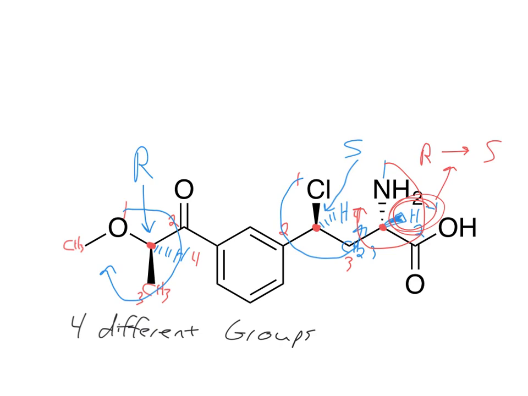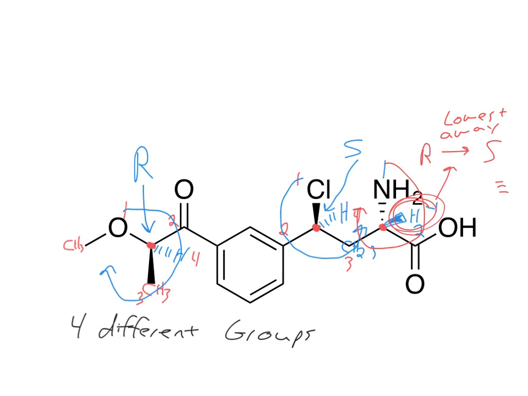Alright, and the reason we can do that is essentially we're looking at this backwards so we can flip it over. Alright, and so the reason we have to flip this answer is because the lowest priority has to be going away from us, which means typically it's dashed. Right? And since it's not dashed, it means we're not looking at it from the right direction.